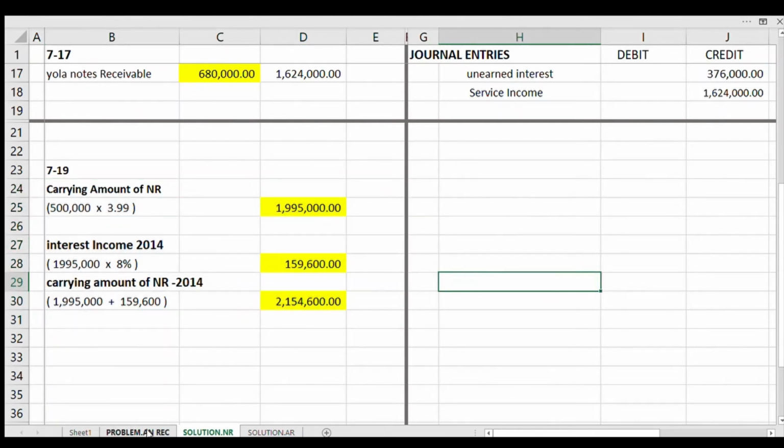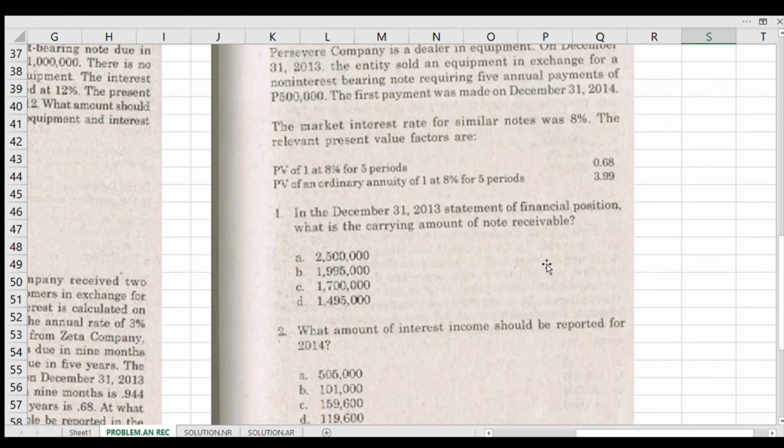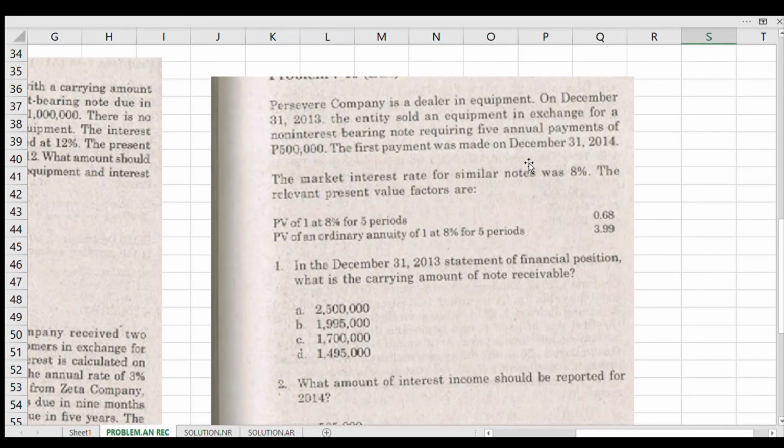The carrying amount of the note receivable is 500,000 multiplied by the present value of annuity. We will use the present value of annuity for how many years? That is 5 periods, 5 years, 5 annual payments of 500,000.